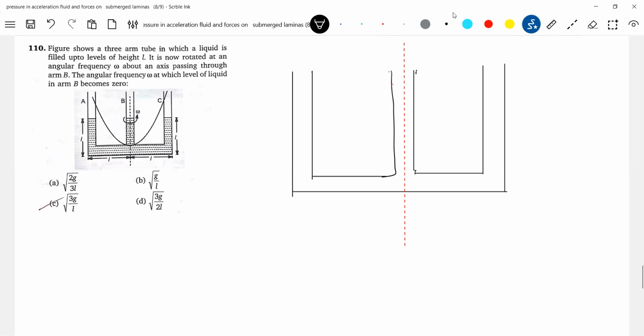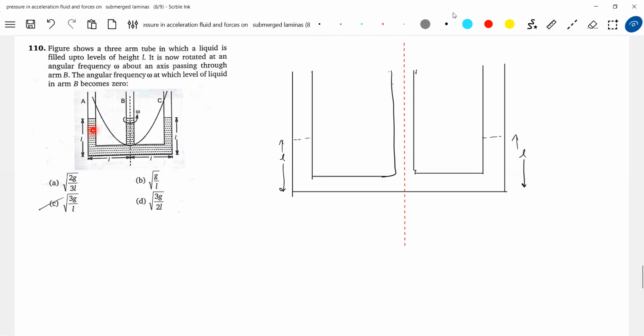Let's get into this one. Where the liquid earlier was at level L, this was the initial level L. Now there should not be any liquid in arm B. The volume of liquid should remain constant. That's all. Don't mess up any other thing. So what was the earlier volume? A length L it was there.